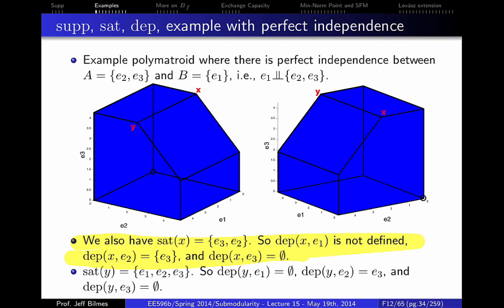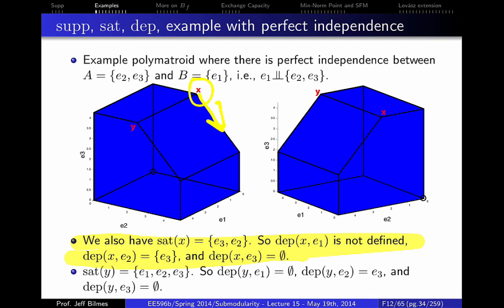Let's go back to x here. Okay. And dep of x and E1 is not defined because E1 is not in sat, because dep of a vector and then the element is defined only for those elements that are saturated. But on the other hand, dep of x of E2 is equal to E3, because if we want to move further in the E2 direction, we can do that as long as we're willing to move negatively in the E3 direction, right?